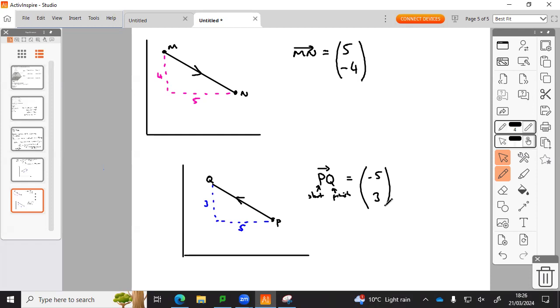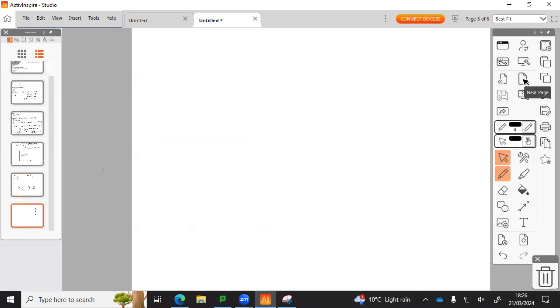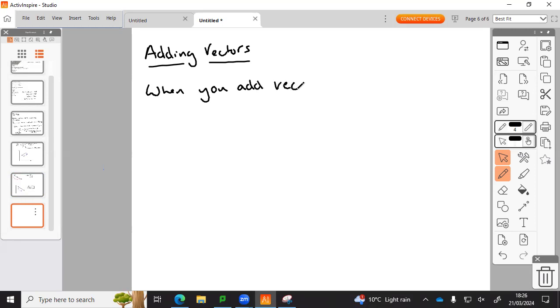We can add vectors. Okay. When you add vectors, you're putting two lengths together essentially, but they must be added nose to tail.